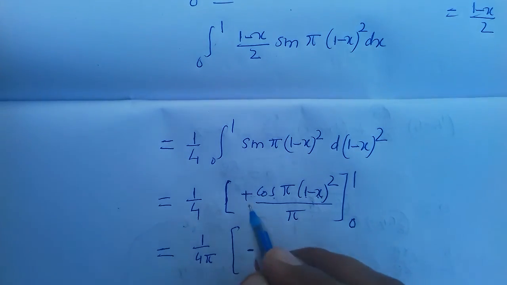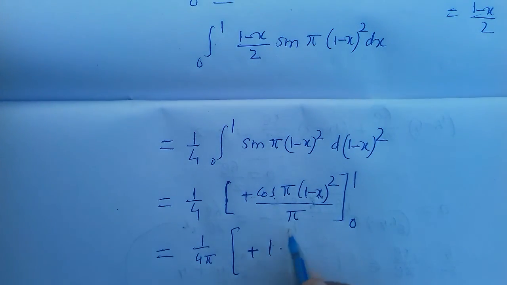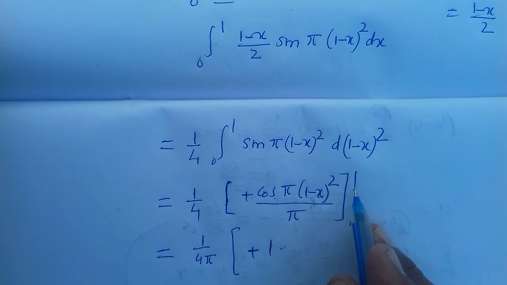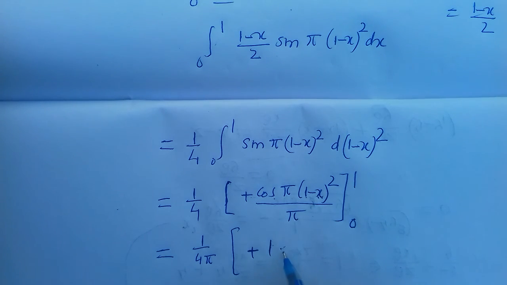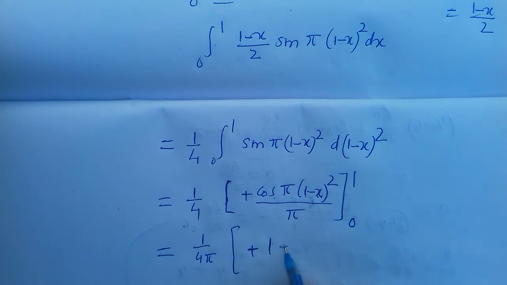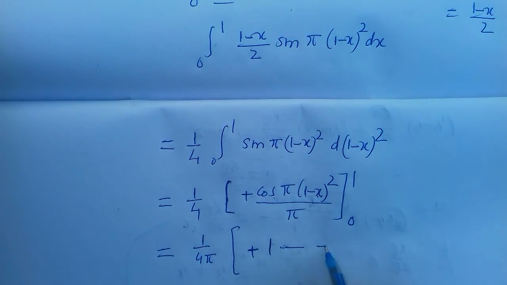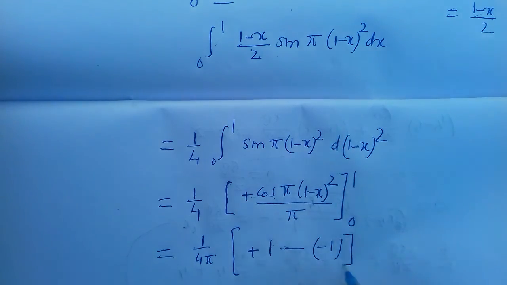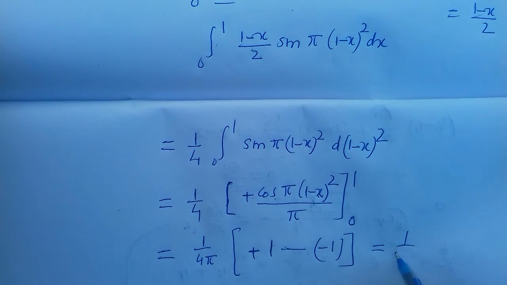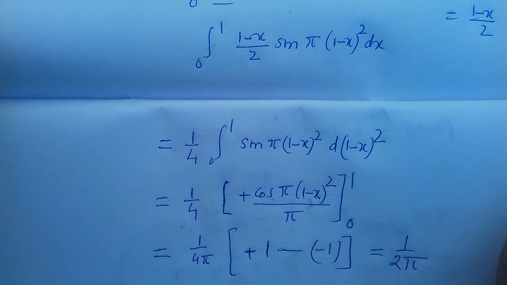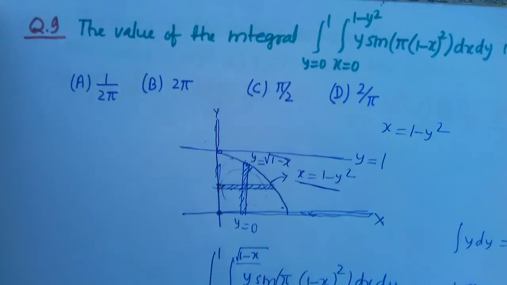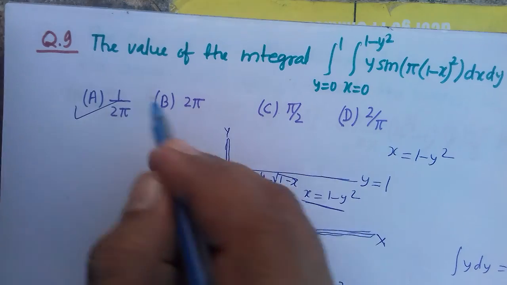When we put 1, this becomes 0, cos 0 is 1, thereafter minus sign, and cos pi is minus 1, so this becomes 1 by 2 pi. So 1 by 2 pi is the right answer. Hence A is our correct option.